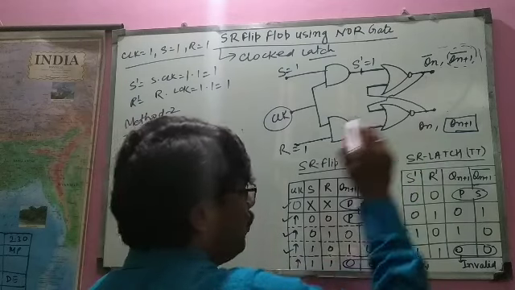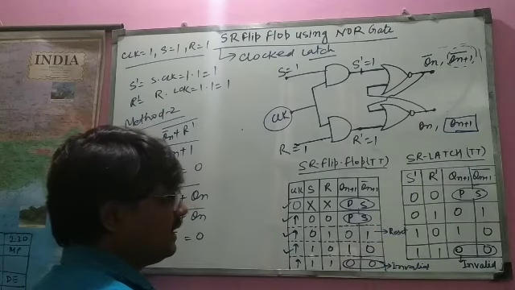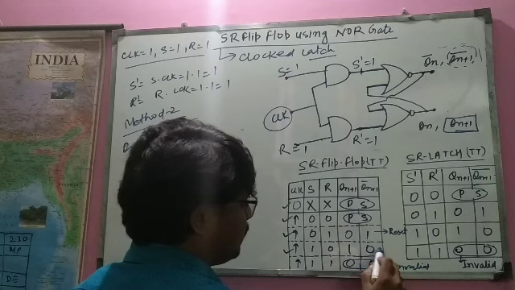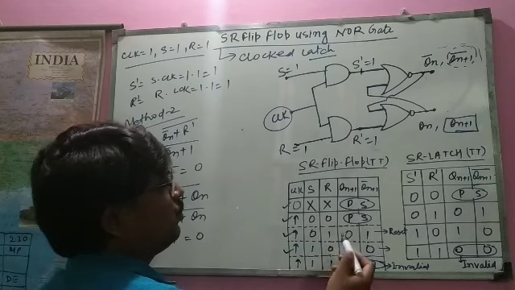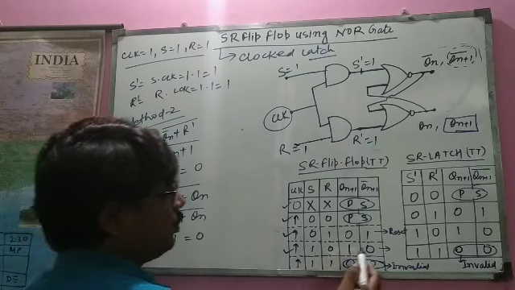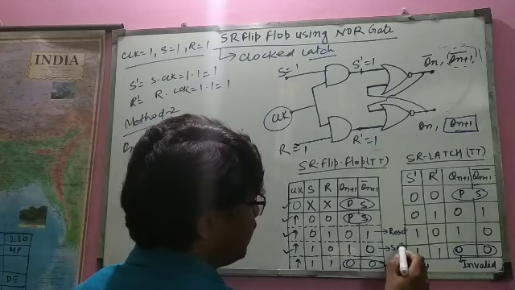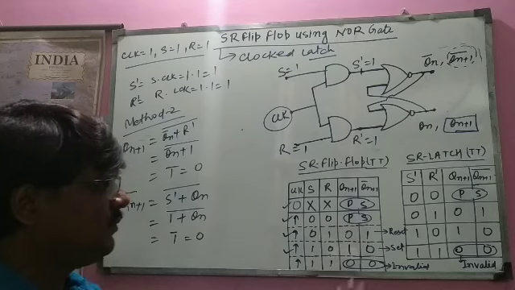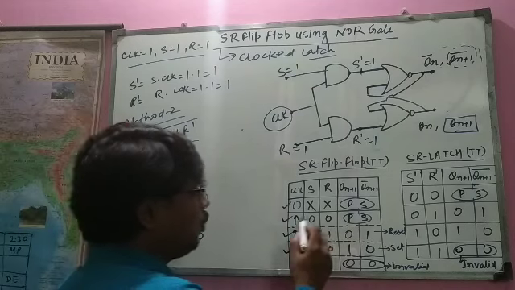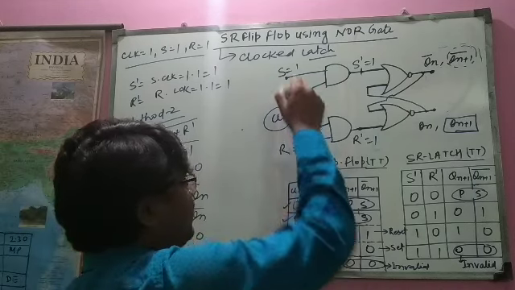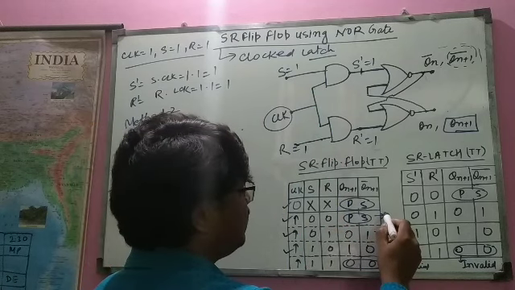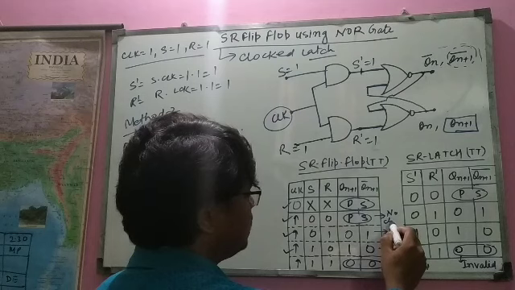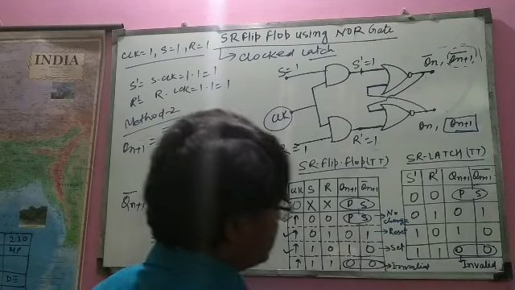If this is 0, it is the condition of reset, and when S and R are 1 0, then it is set. This is the very important condition. Also if S and R both are 0, it will remain in the previous state, meaning no change.